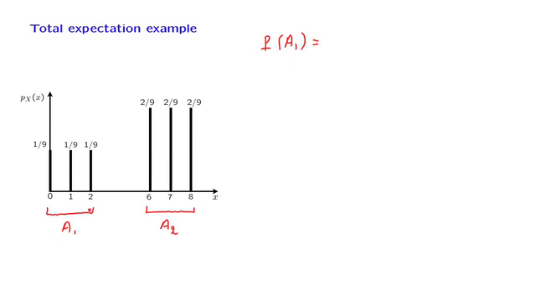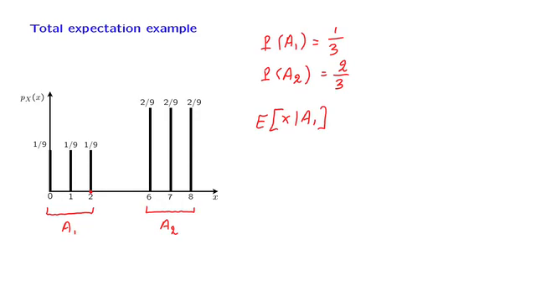The probability of event A1 is 1/9 plus 1/9 plus 1/9, which is 1/3. And the probability of event A2 is 2/9 plus 2/9 plus 2/9, which adds up to 2/3. How about conditional expectations? In a universe where event A1 has occurred, only these three values are possible.